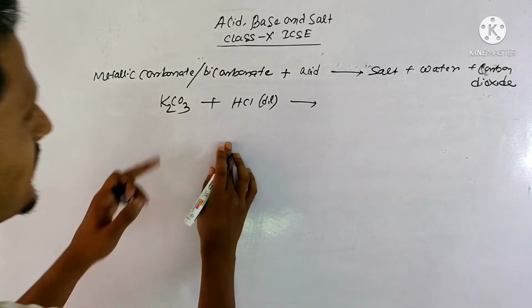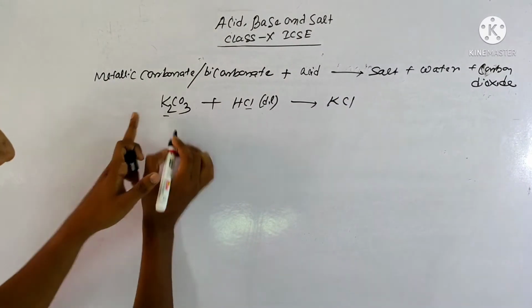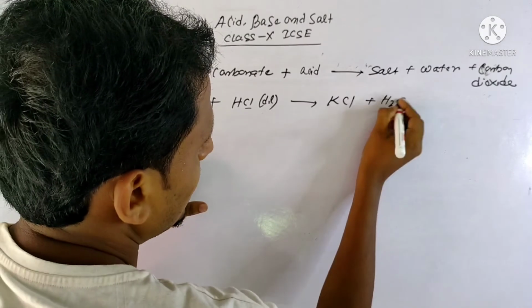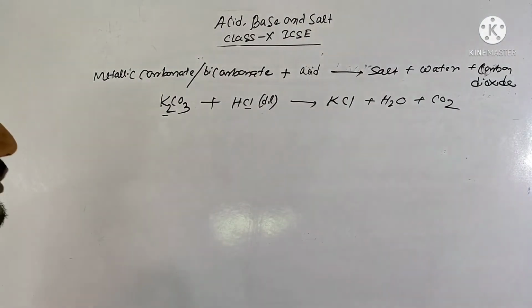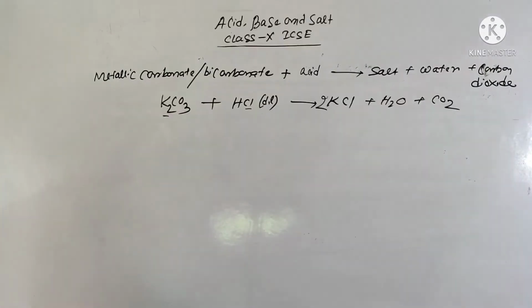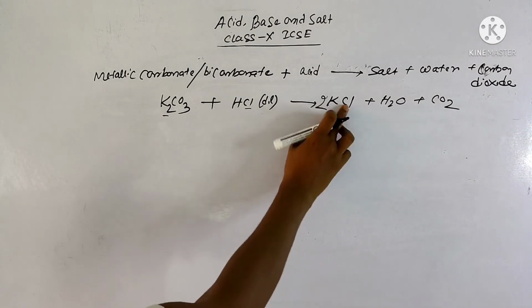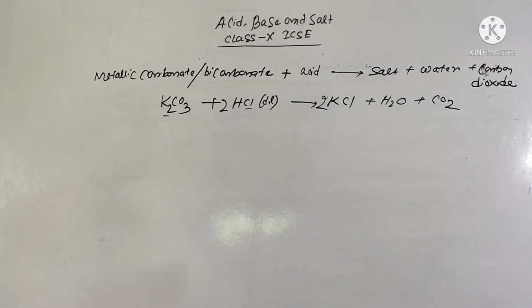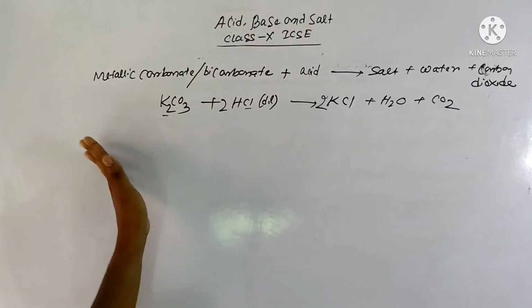It will form KCl, potassium chloride, the salt, with water and carbon dioxide. If you want to balance, you can do 2 KCl. Chlorine is 2 here, so chlorine here also 2, here chlorine 1, multiplied by 2. So this is the total balancing you can do.